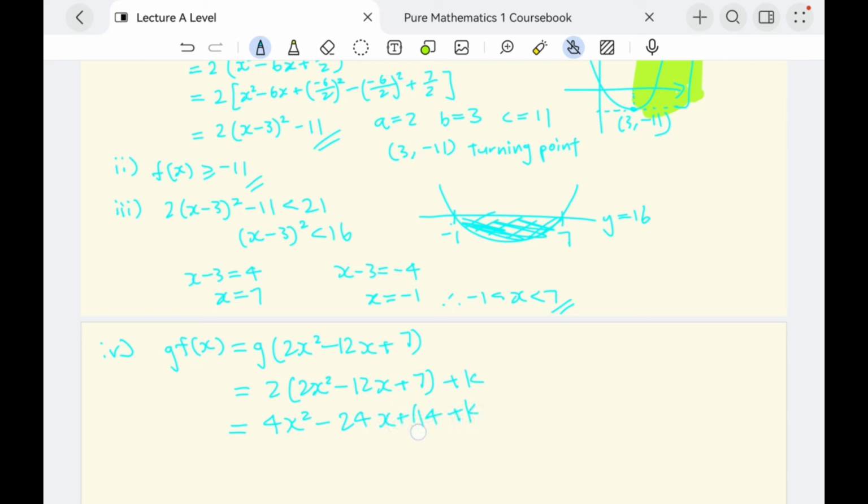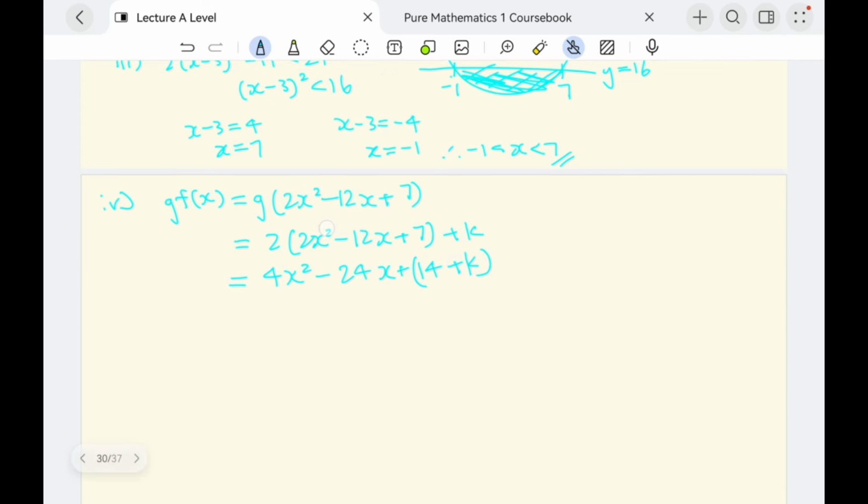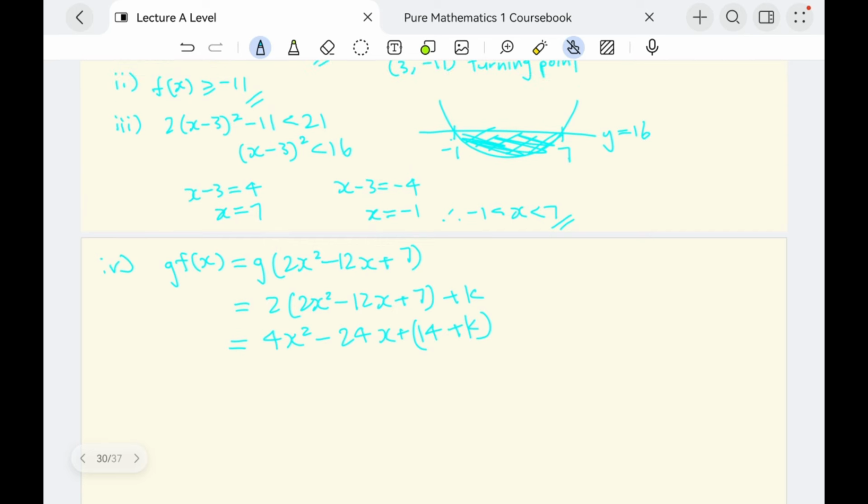I may make a bracket since these two terms are all constants. So you may set gf(x) equals 0. That means 4x squared minus 24x plus 14 plus k equals 0.